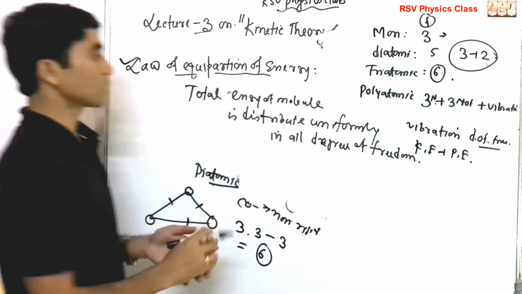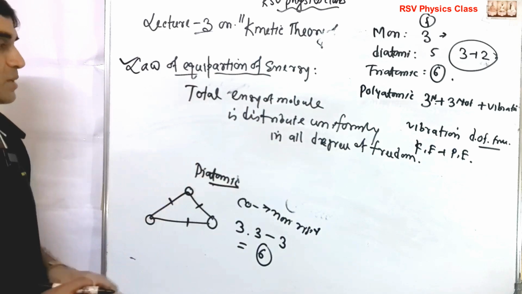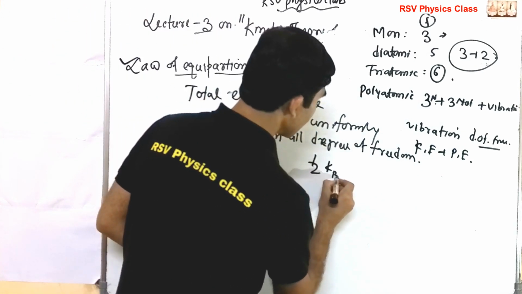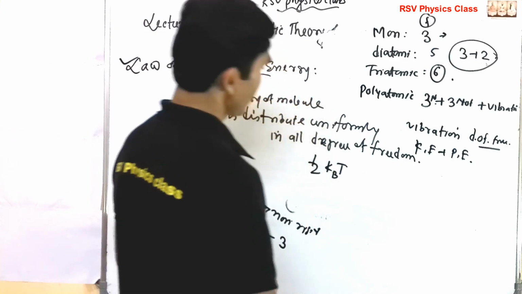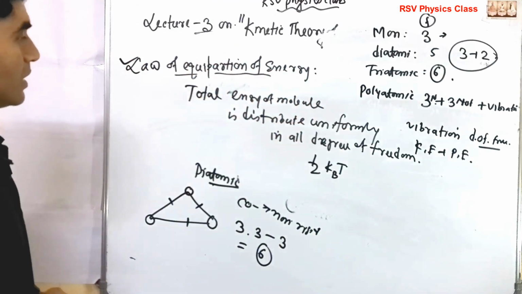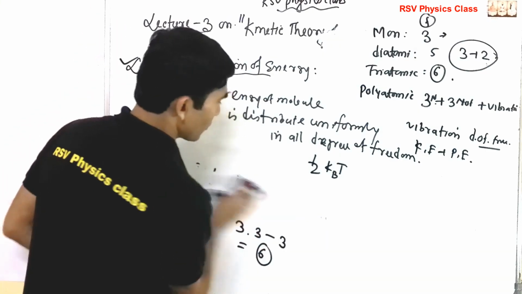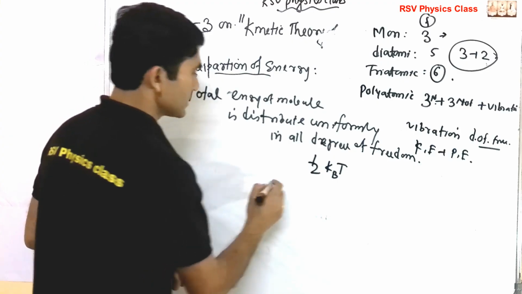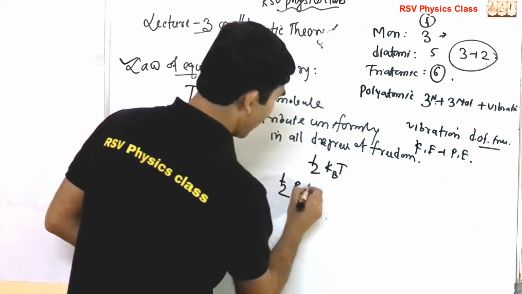In all degrees of freedom the total kinetic energy is uniformly distributed, and in 1 degree of freedom it is half kT. Okay. So for 1 mole of gas, how much is it? For 1 mole of gas it is half RT.